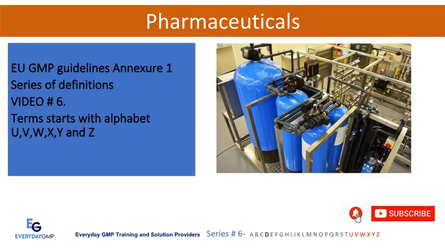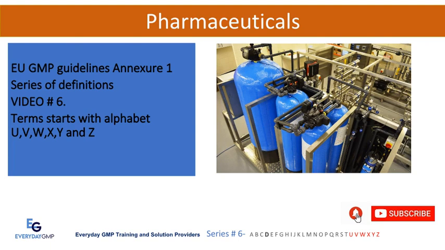EU GMP Guidelines Annex 1. In the world of pharmaceuticals, precision and adherence to regulations are paramount. Understanding the key definitions and terminology laid out in the European Union Good Manufacturing Practice Guidelines, Annex 1, is not just important, it's essential.